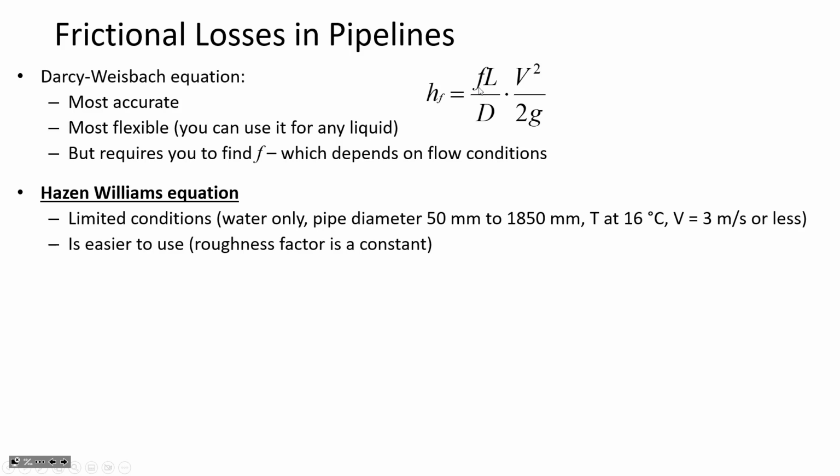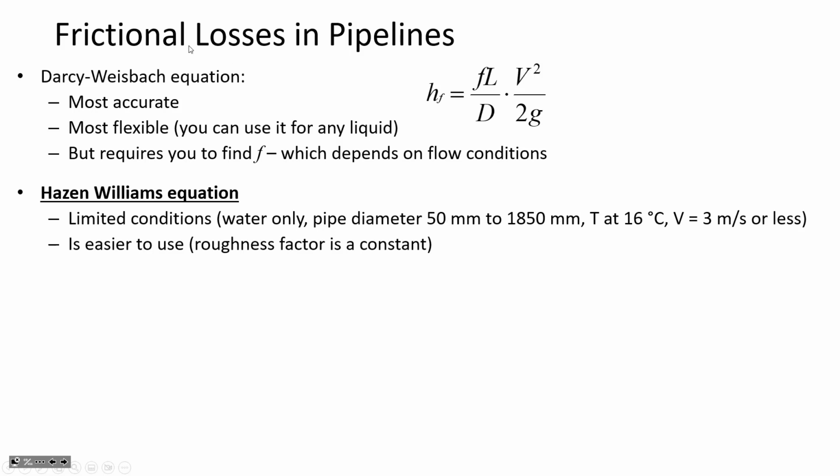That was a considerable numerical challenge for people 20, 30 years ago. So they used these easier methods that aren't as accurate, but they have fixed roughness coefficients that don't depend on the flow conditions. The Hazen-Williams equation has a narrow range of pipe diameters that it works for, 50 millimeters to 1850 millimeters.